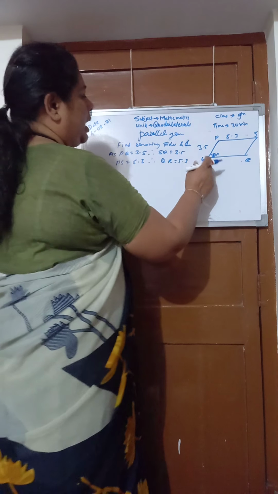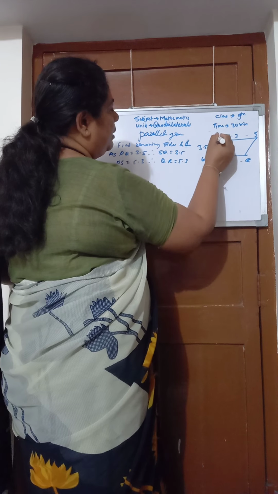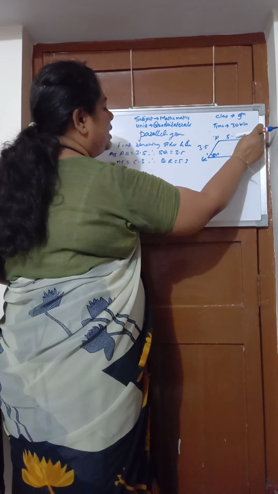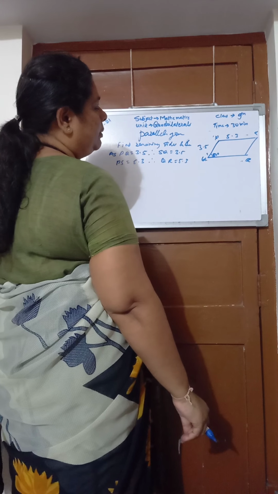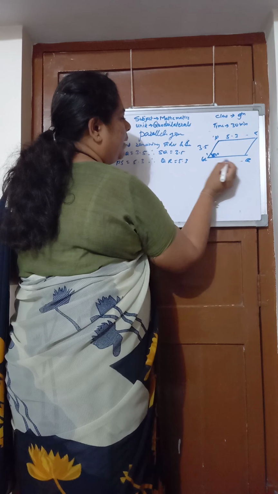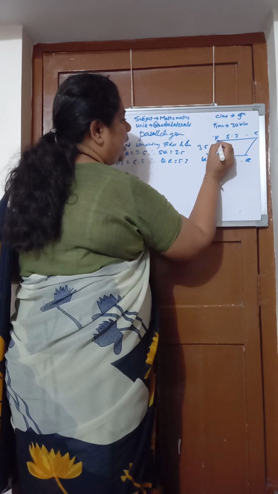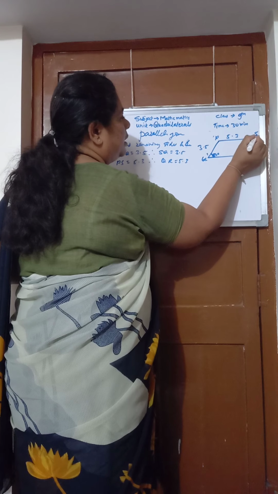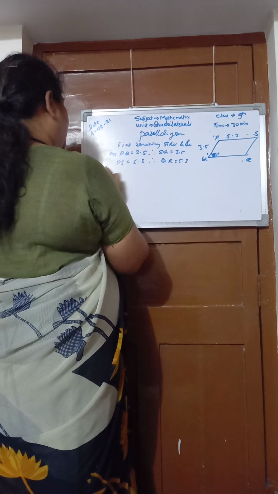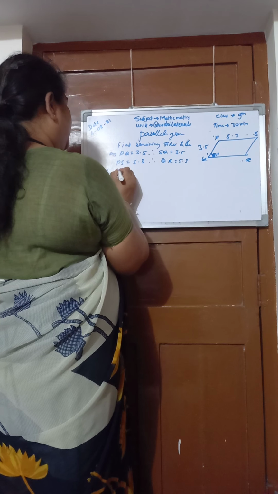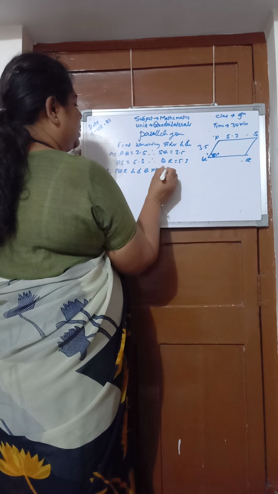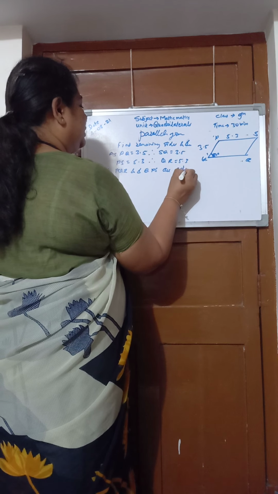Consider PQR, angle PQR equal to 50 degree. Therefore, what will be the measure of angle QPS? These two angles, angle PQR and angle QPS, are adjacent.